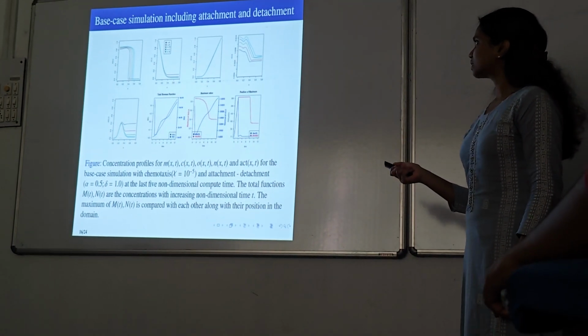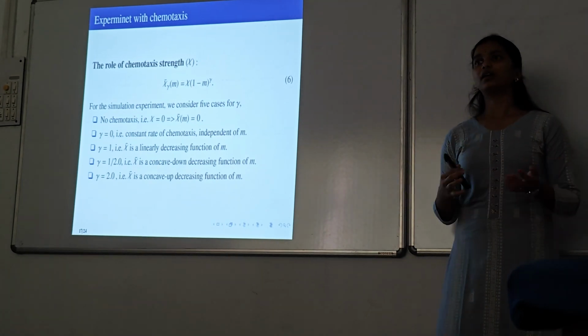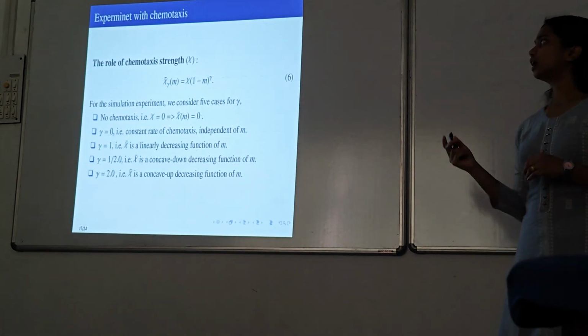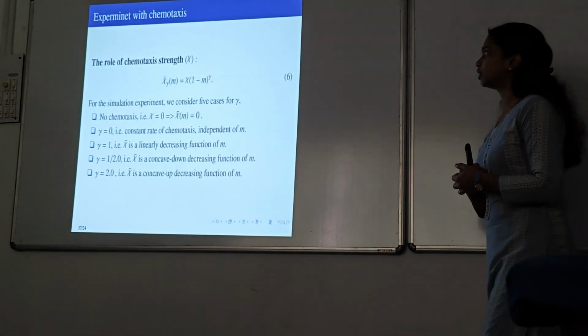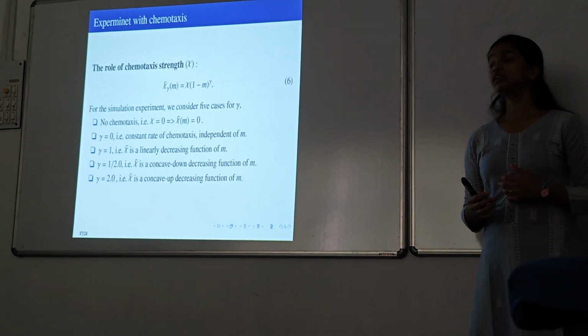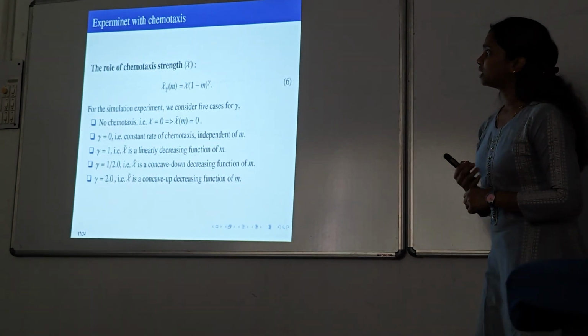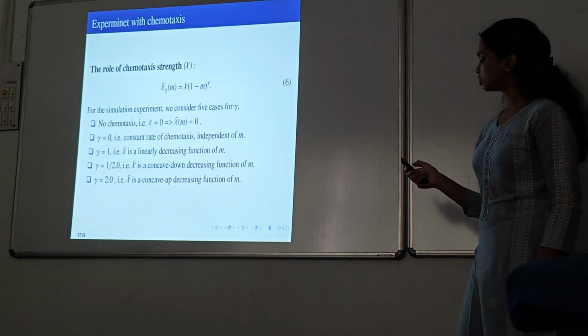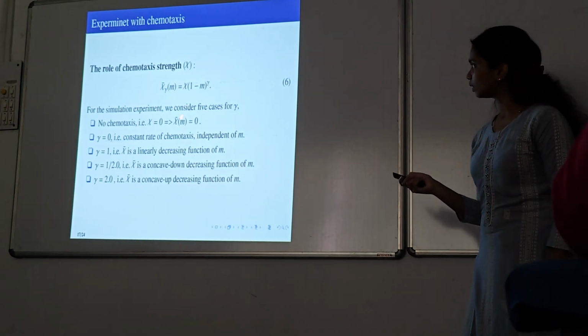So chemotaxis is one of the parts that we are interested in. We want to simulate it more, and we have to see the variance of the chemotaxis function. So we have changed the chemotaxis strength, and now we are using this function with the variable gamma.